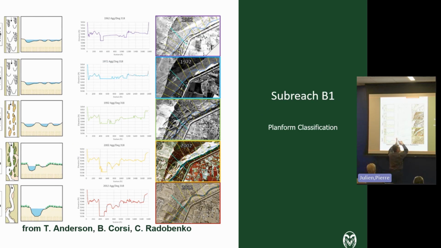We put in the real cross-section of the river, and we show an aerial photograph of the river. And we go through this over time to see how the river changed. 62, 72, 92, 02, 2012. And you can see how the river used to be, stage 1, wide and shallow. And as you go over time, you get M5, now more narrow in size, a well-defined channel within the floodplain.